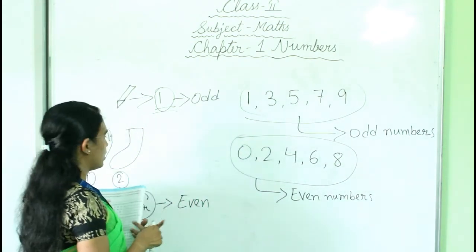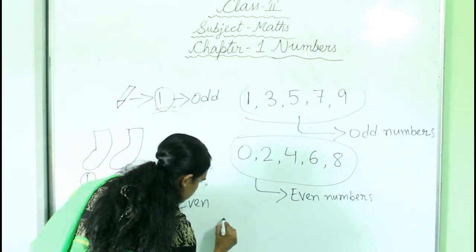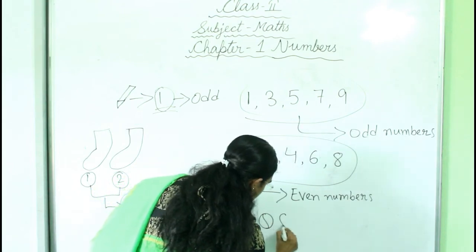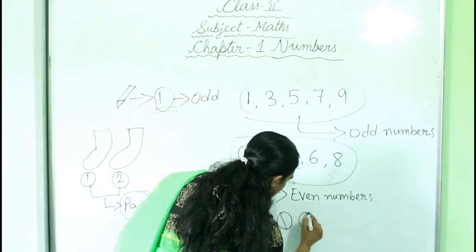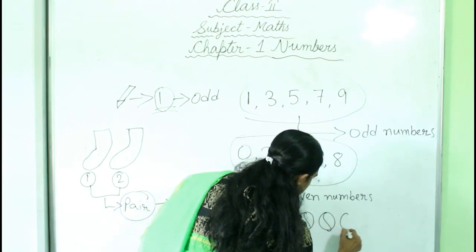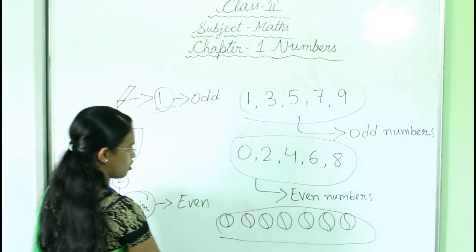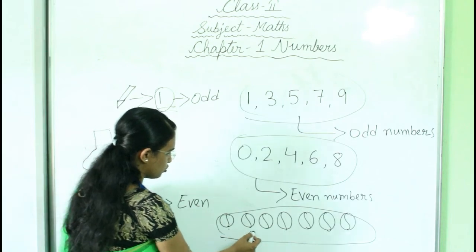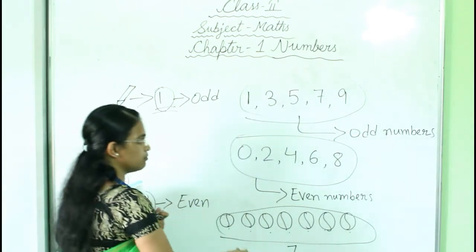Now if I give you one example, suppose I have 1, 2, 3, 4, 5, 6, 7 balls. Can you say whether this is an odd number or an even number? Count how many balls I have. 1, 2, 3, 4, 5, 6, 7. So is 7 an odd number or an even number?